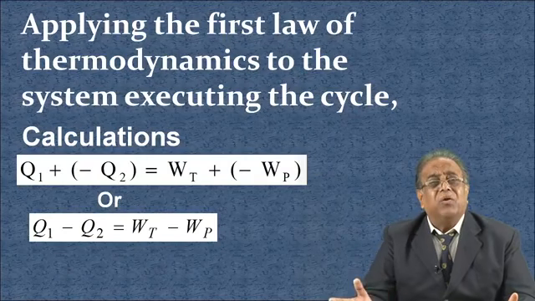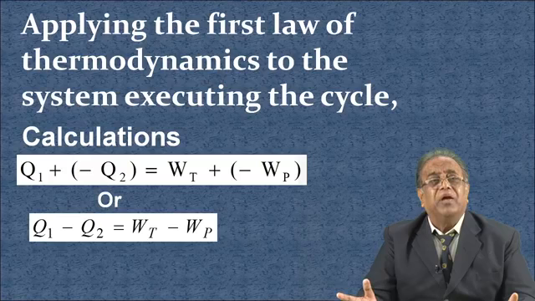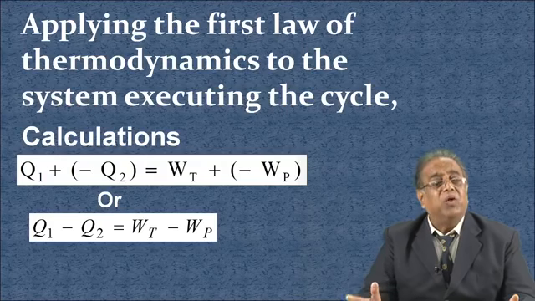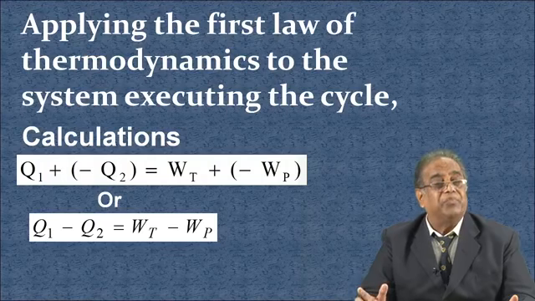Applying the first law of thermodynamics to the system executing the cycle, we can write Q1 plus (minus Q2) is equal to WT plus (minus WP). Here Q1, since it is input to the system, is considered positive.